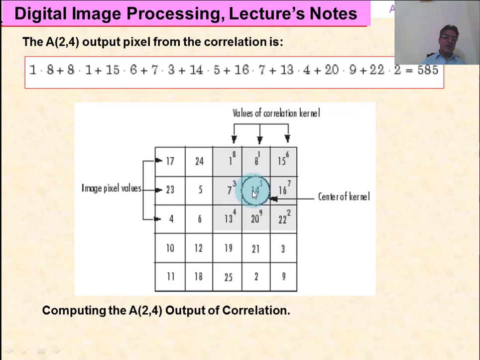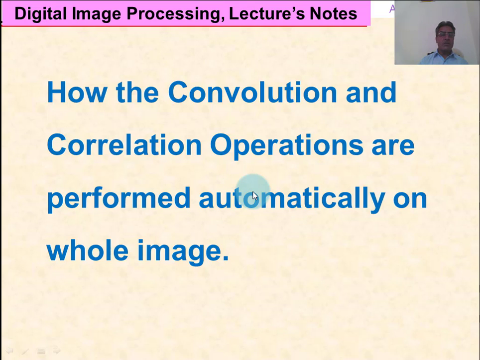Actually, the kernel is moved one by one over each and every pixel of the input image, and it modifies every pixel value of the input image using this process, as we have performed for one cell or one pixel. How are the convolution and correlation operations performed automatically on the whole image?